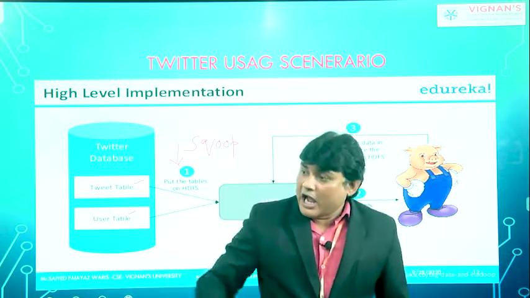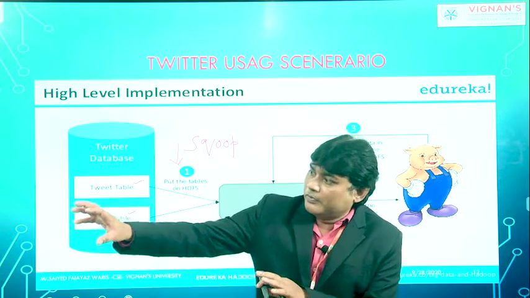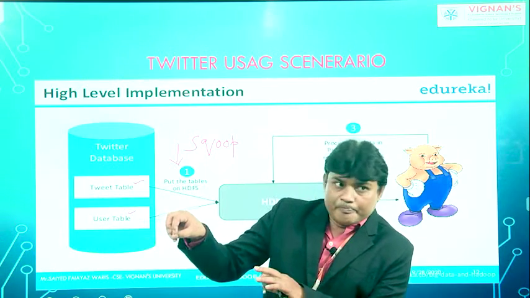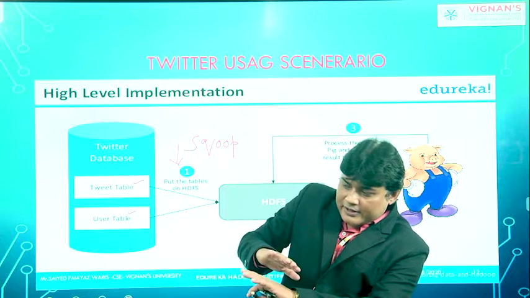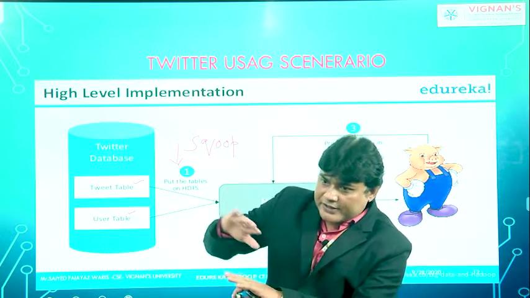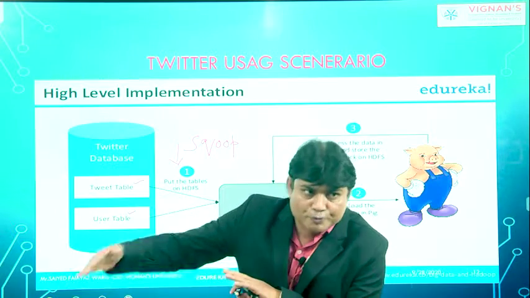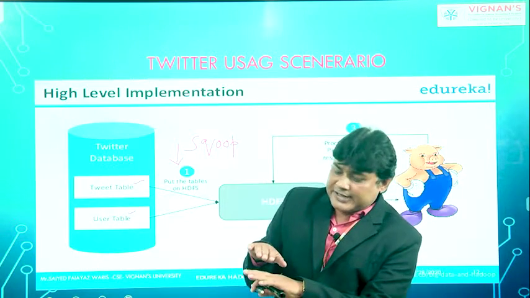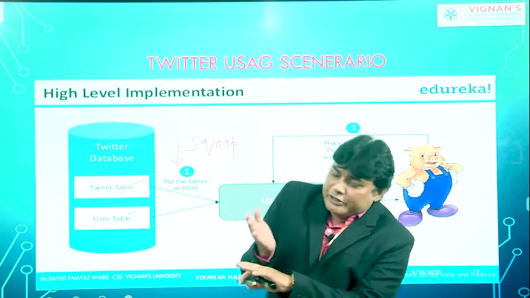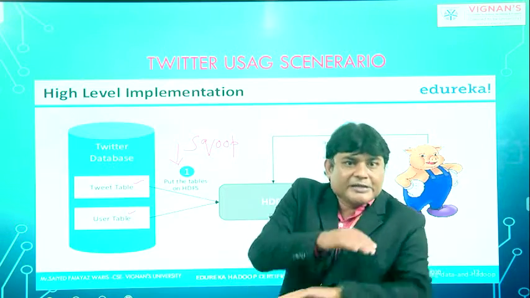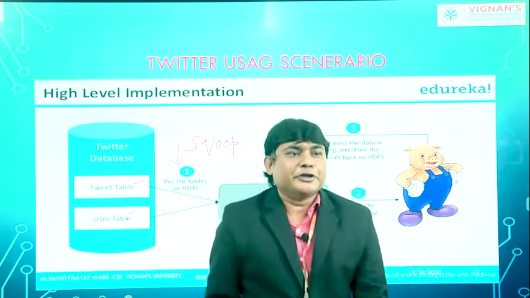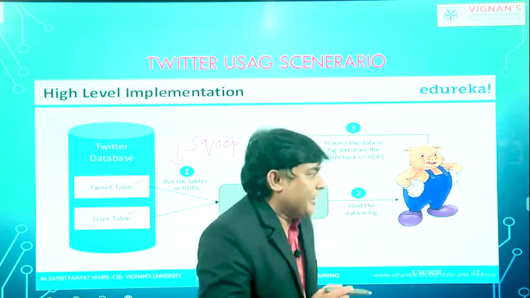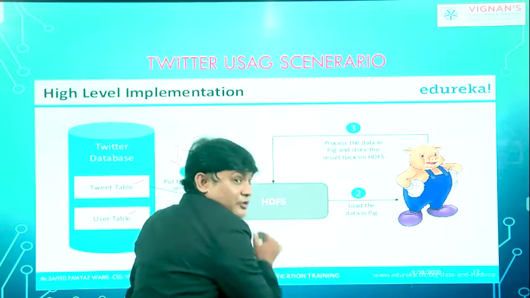What does it mean? It means I am taking data from the Twitter database and bringing it into HDFS. How am I bringing it from Twitter to HDFS? With the help of a tool called Sqoop. After that, Pig takes this data from HDFS, processes it, and after processing, places the result back into HDFS.